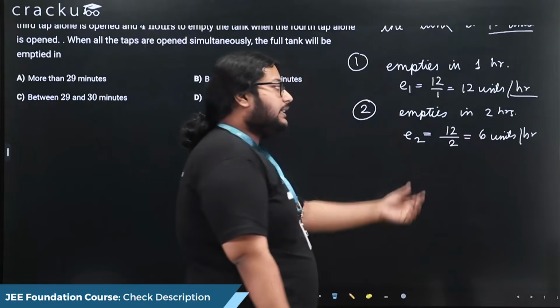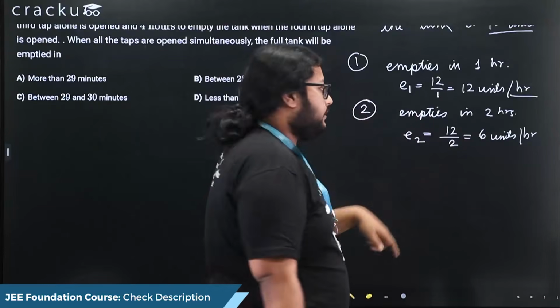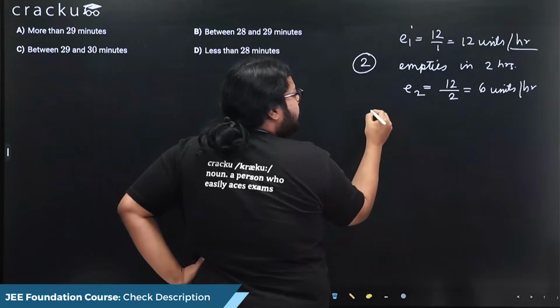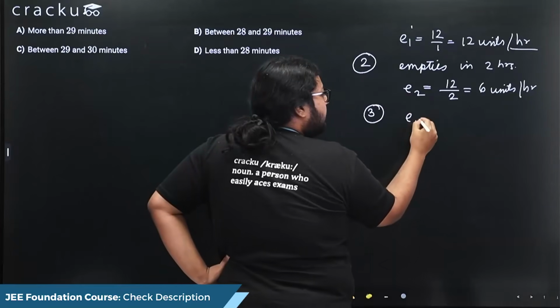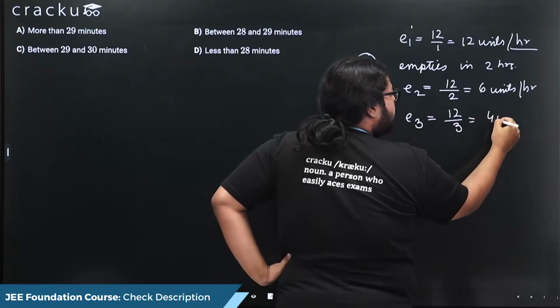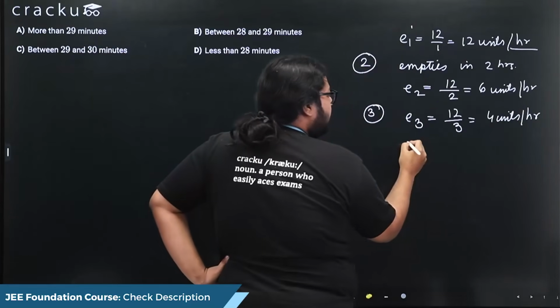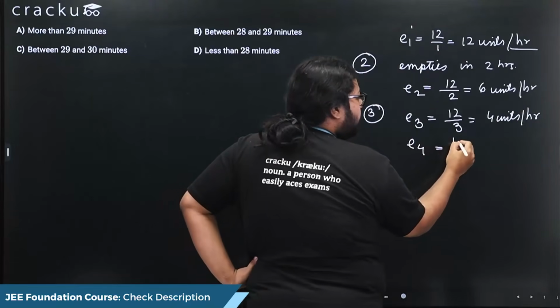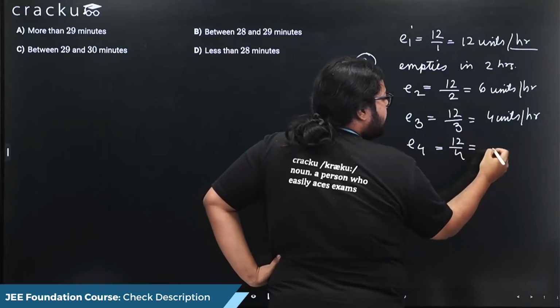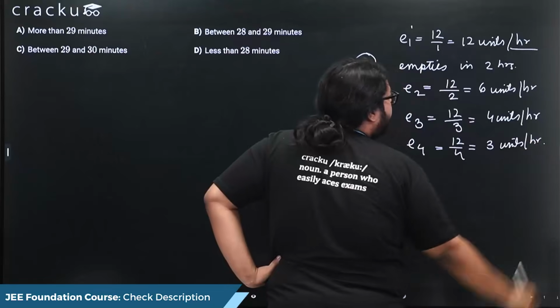In 1 hour, it does 6 units, so in 2 hours, it does the whole 12 units. Similarly, E3 will be 12 by 3, which is 4 units per hour. And E4 is 12 by 4, which is 3 units per hour.